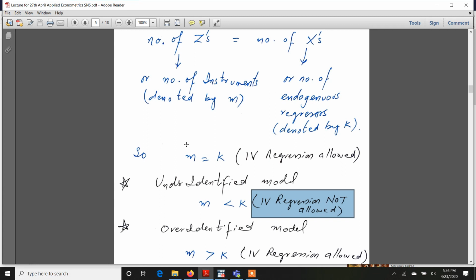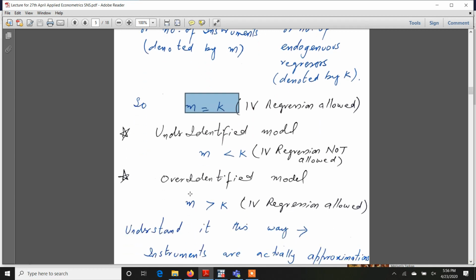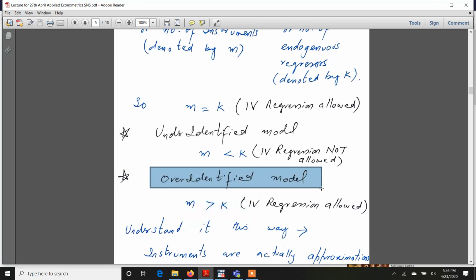It is allowed if they are equal, or if the number of instruments is greater than the number of endogenous regressors, and such a model is called an over-identified model.